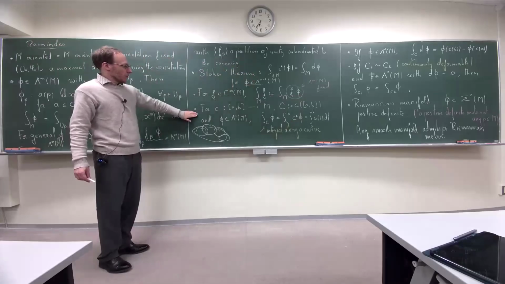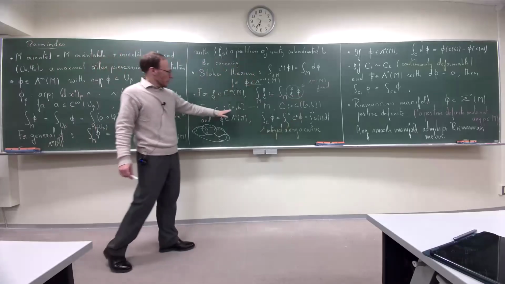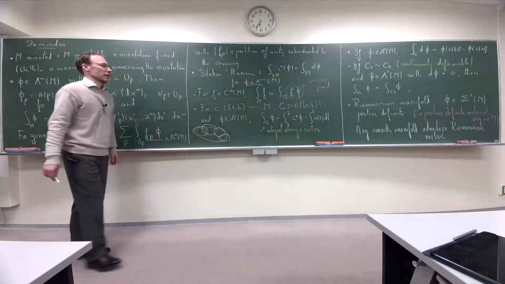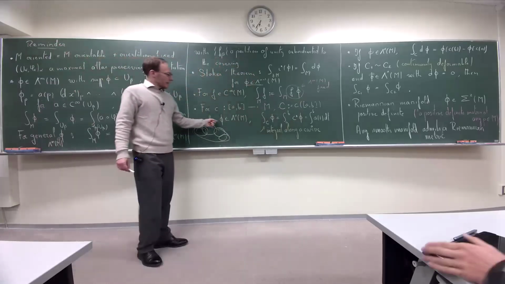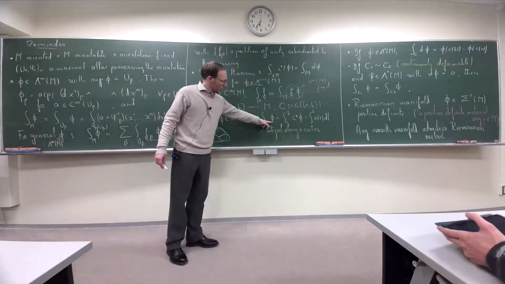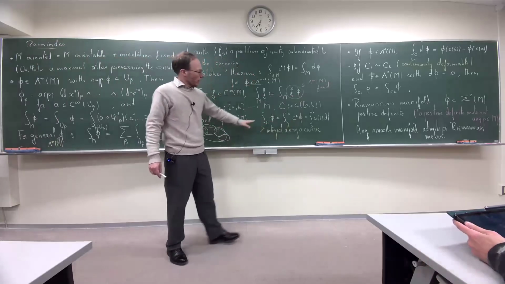Finally, we take a curve. It's a parametric curve from an interval to M, and I call the curve with this capital C. If I take now a one-form, I gave a definition of the integral of this one-form along the curve.